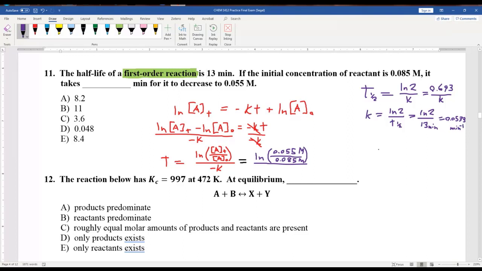So then if I plug that in here, plug that in down there, 0.0533 minutes to the -1. And notice that this is negative k, so I do actually have to put a negative down there.